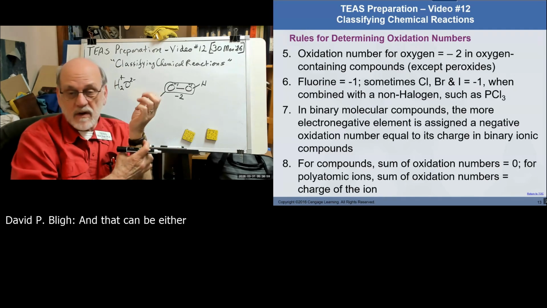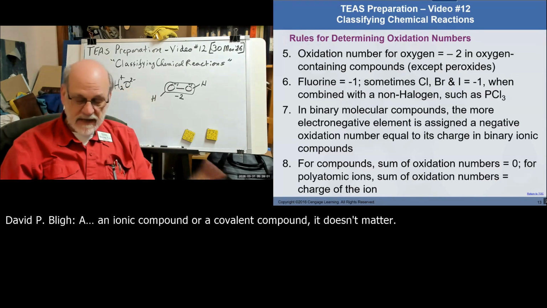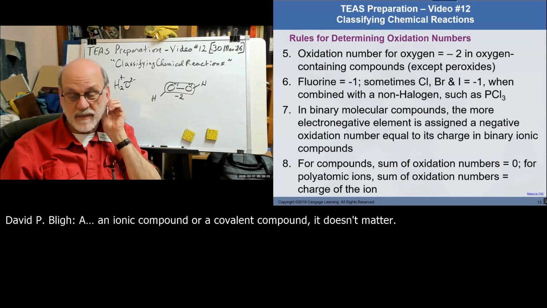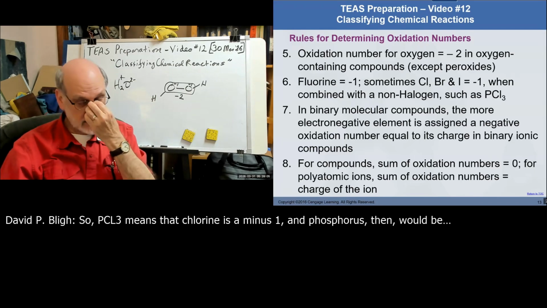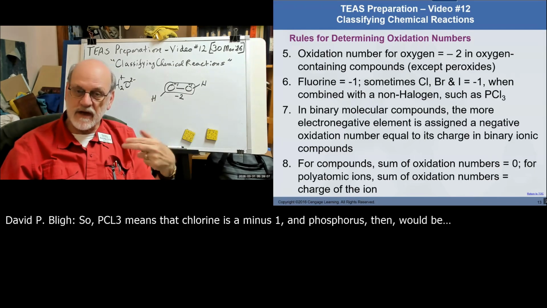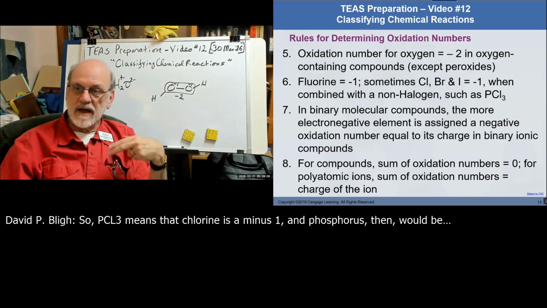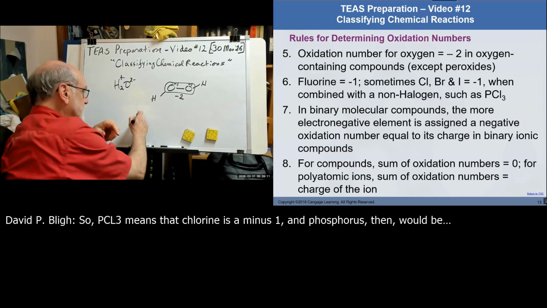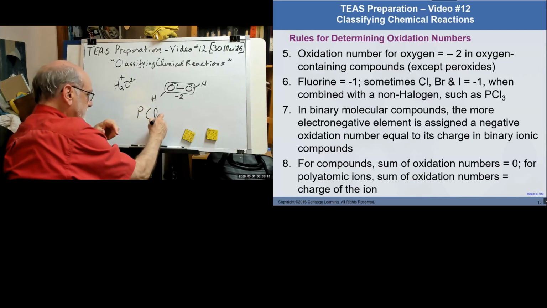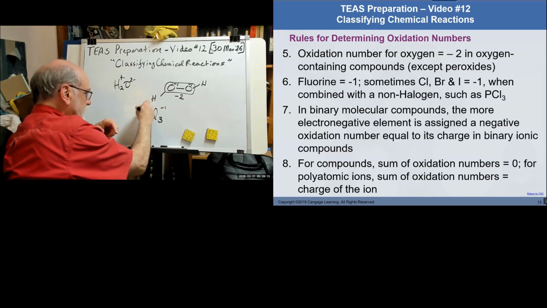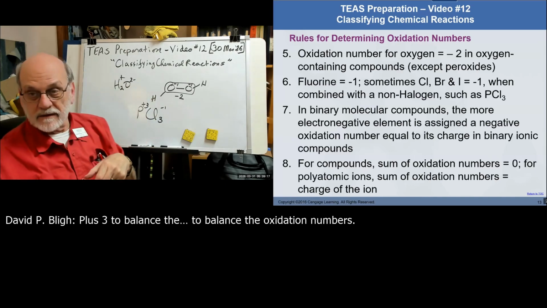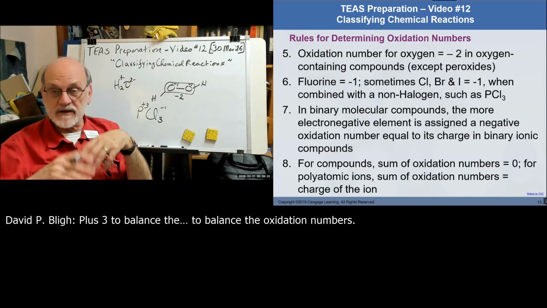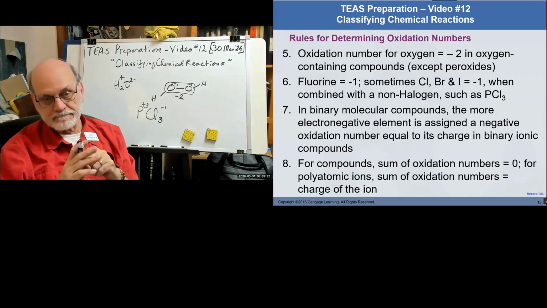And that can be either an ionic compound or a covalent compound. It doesn't matter. So PCl3 means that chlorine is a -1, and phosphorus then would be +3 to balance the oxidation numbers.